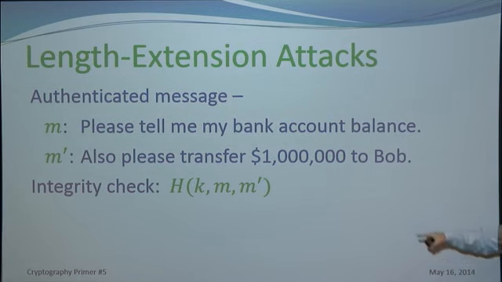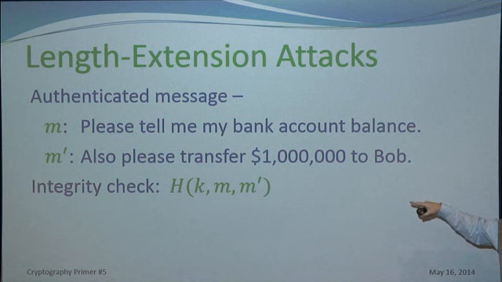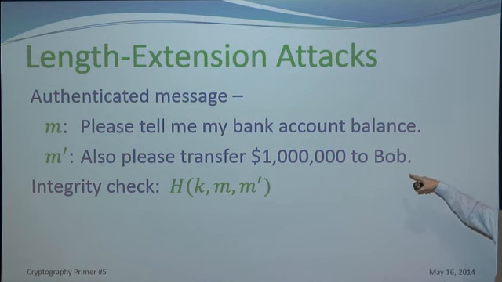I don't have to know what h of km is in order to take that and extend it to get to h of km m prime. So I can compute an integrity check that works if I append m prime from the integrity check that worked without the m prime. There are various versions of this out in the world. I'm not going to go through a lot of other examples, but it just gives you a sense of a kind of thing to be aware of.